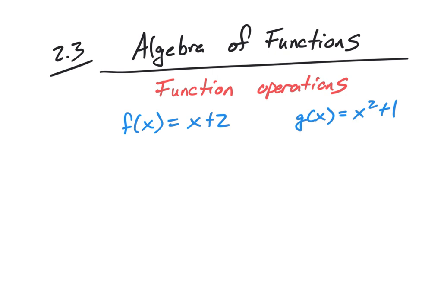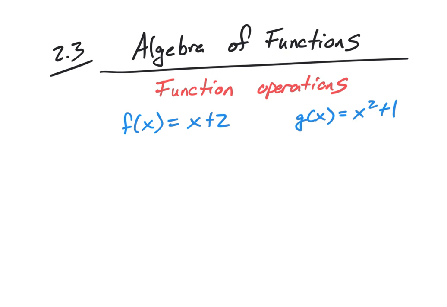So these are the 2 functions that we're going to be working with. For this first example, I'm just going to show you a couple of different things we could do with it, and then we'll talk about some where we're going to do multiple things and multiple operations.